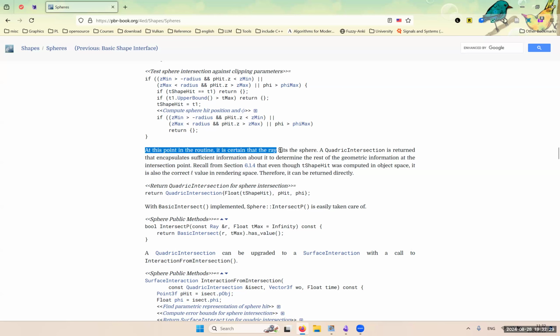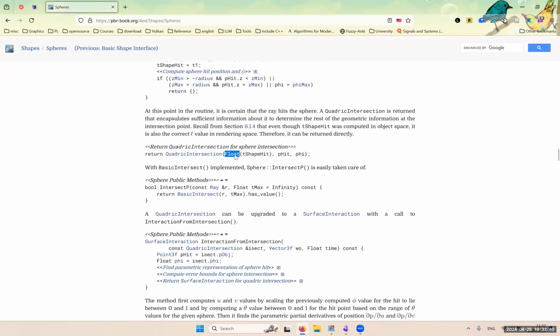At this point, it's certain that we hit a sphere, so we create a quadratic intersection. I think this is really because this is an interval, then they need to cast it back.